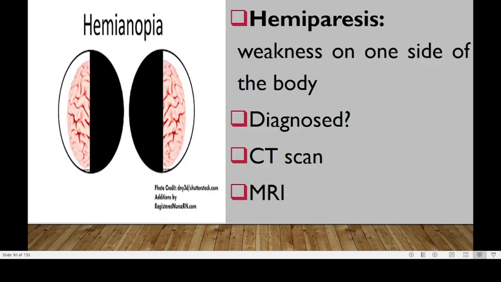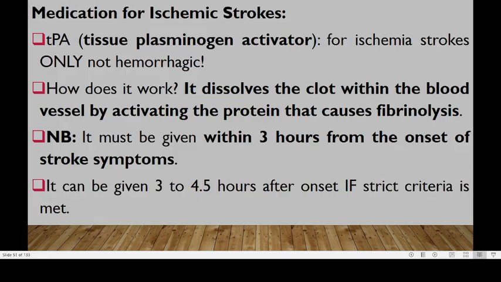So next we have the hemiparesis. This is weakness of one side of the body, right? It could be left side or right side. How it's diagnosed, we have the CT and the MRI, right? For that case. So medication for ischemic strokes, we could have a tissue plasminogen activator, especially for these ischemic strokes, not hemorrhagic, all right?